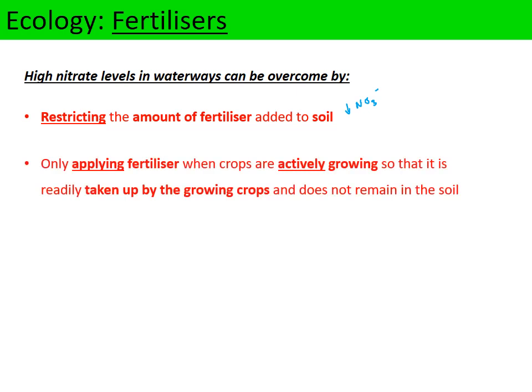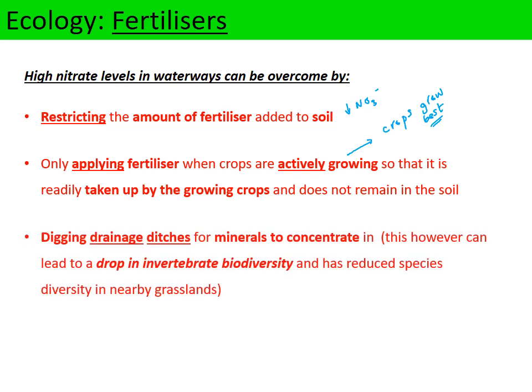They might only want to apply the fertilizer when the crops are actively growing, so maybe a certain time in the year where the crops grow best. So they're limiting the amount of fertilizer they use because they're only going to apply it during the active period of growth. And that really does ensure that the nitrates in the fertilizer are being taken up by the crops when they're going to need it the most.